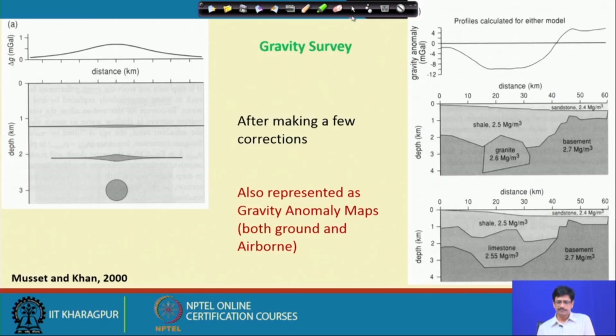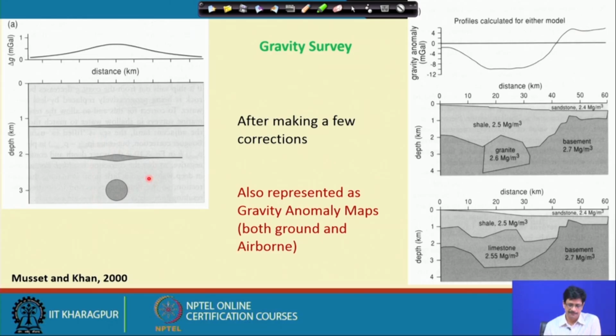And let us get some idea about the gravity methods, the way they are applied. This is a very simple diagram showing that the anomaly we record here is because of the presence of a body which has a much higher density compared to the surrounding, measured in terms of grams per cc or kg per meter cube, whichever we are more comfortable with.